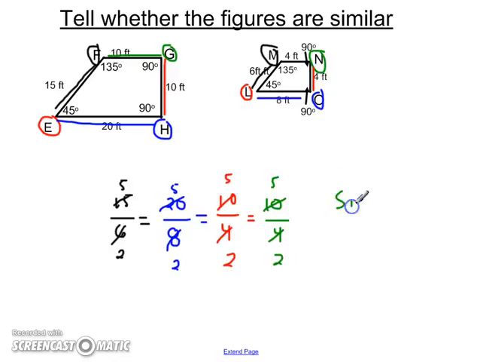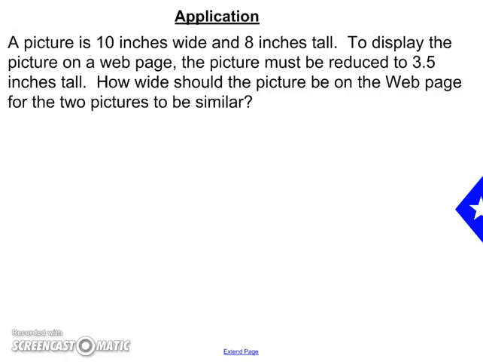Similar. If even one of these ratios is not the same as the other ratios, it fails. But in this case, all 4 of our ratios are equal, therefore similar. If even one of them is off just a little bit, not similar.